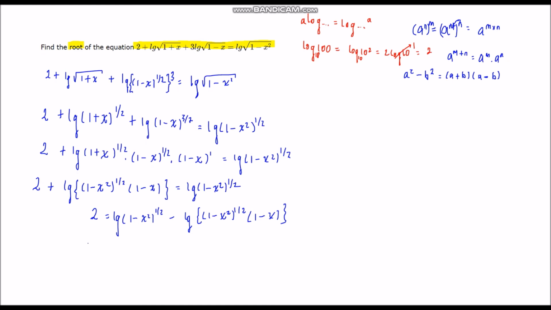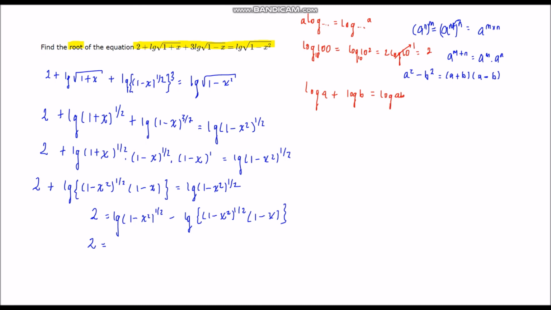Okay, so this log a, oh, I forgot to write the rule for this. Let me write the rules. So log of a plus log of b is equal to log ab, right?